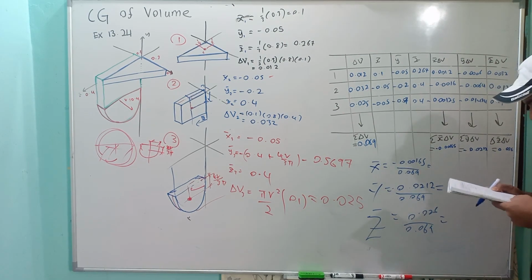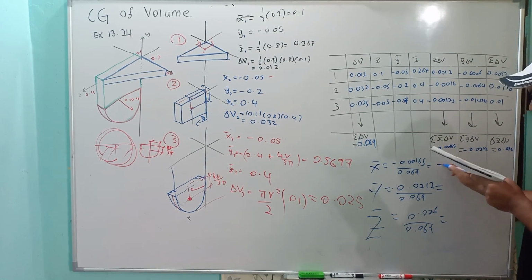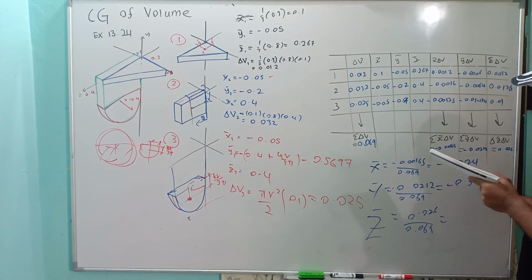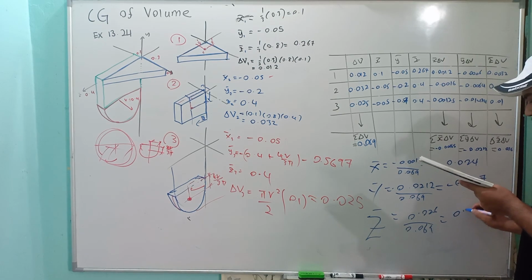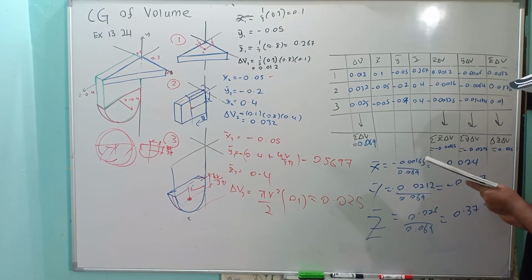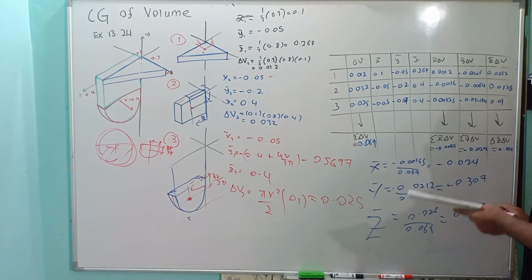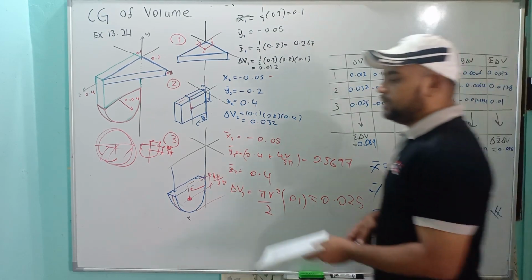Then you have all the answers: negative 0.024, negative 0.307, and 0.377. Okay, so that's it.